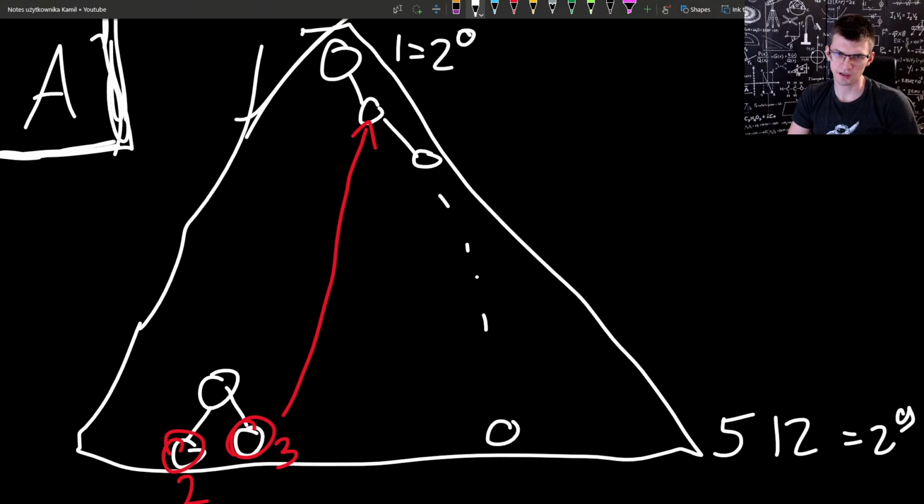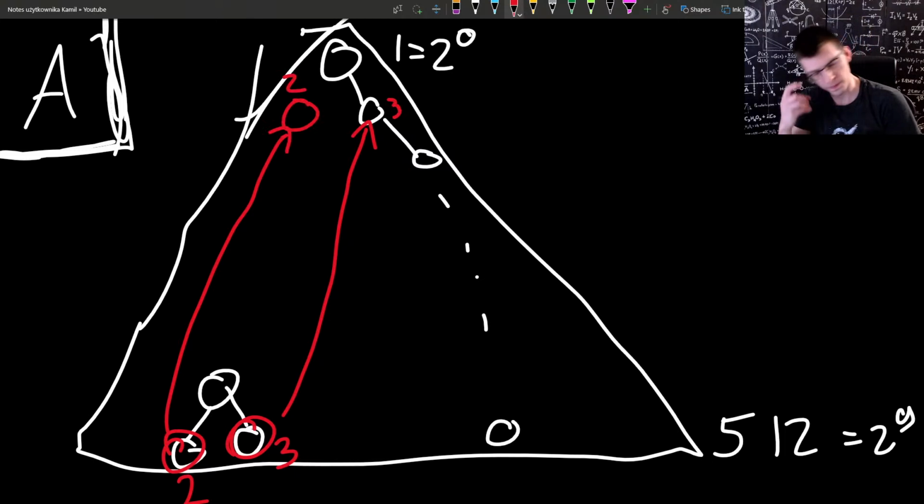In my setting, indeed, I would need those red edges to 2 and to 3, so that it would be able to get to anywhere from there, from the parent of leaves.